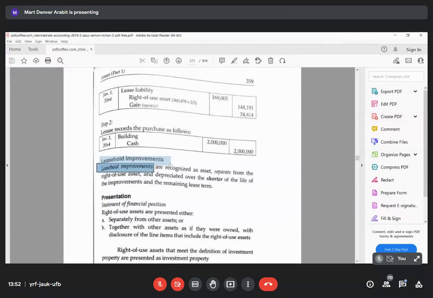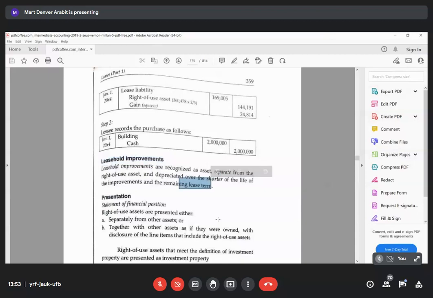Okay? Separate account siya tinitreat sa financial statement and it is also depreciated over the shorter of life of improvements or the remaining lease term provided walang purchase option. But if there is, then pwede mong gamitin yung useful life of asset kahit mas mahaba yung useful life of the asset over the remaining lease term.